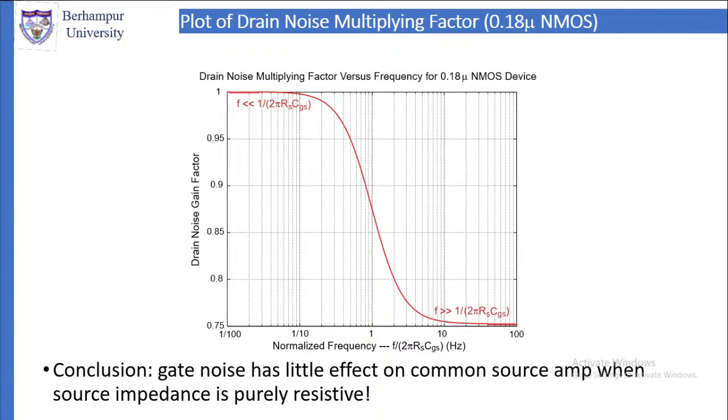So from this we can conclude that gate noise has little effect on common source amplifier when source impedance is purely resistive.